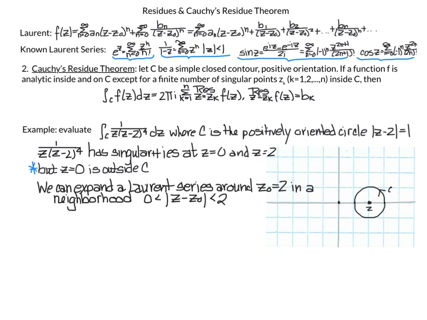What we're going to do then, we're going to expand a Laurent series around z naught equals 2, this singularity here inside our circle. In a neighborhood, then, where the modulus of z minus z naught is less than 2 and greater than 0. Now this is getting a little bit detailed, but one day someone's going to ask you for details. So first, remember this neighborhood, that's not this curve C that I drew.